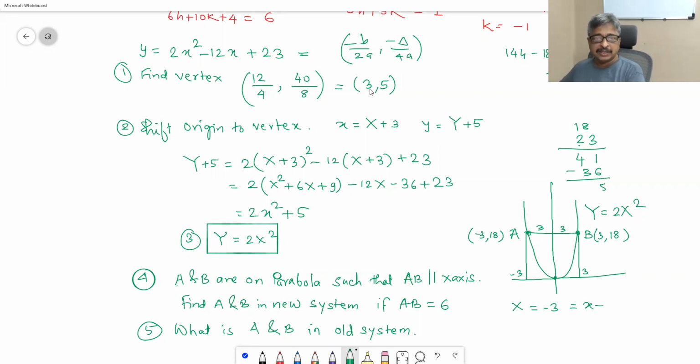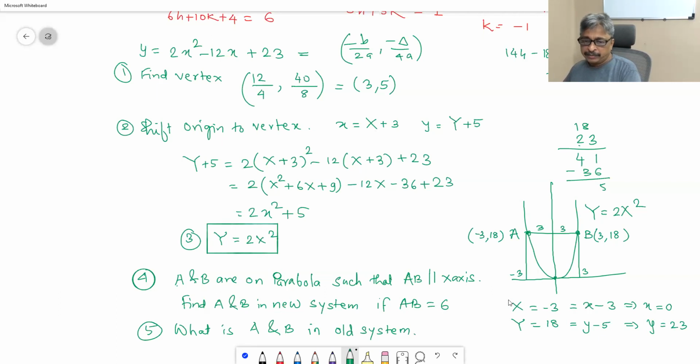What is your h? 3. Therefore, x is equal to 0. And capital Y is equal to 18, which is equal to small y minus 5, which is equal to 23. y is equal to 23.